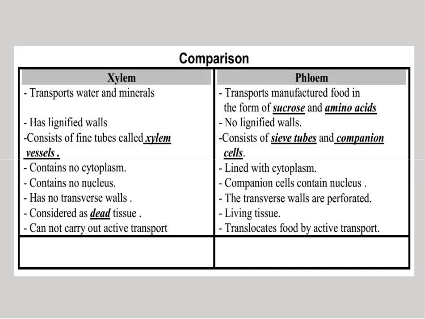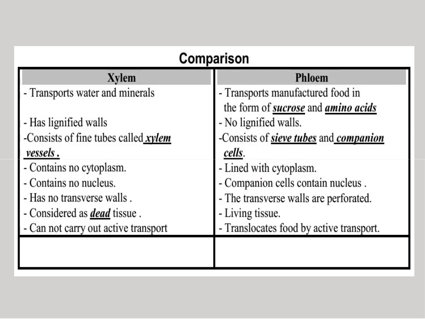Comparison: xylem and phloem. Xylem transports water and minerals while phloem transports food in the form of sucrose and amino acids. Xylem has lignified walls while phloem has no lignified walls. Xylem consists of fine tubes called xylem vessels while phloem consists of sieve tubes and companion cells.